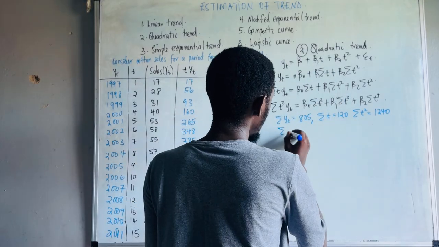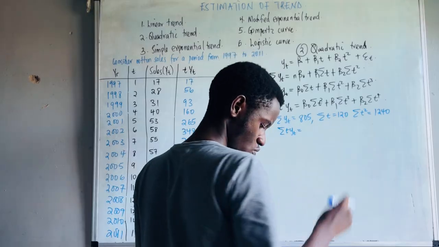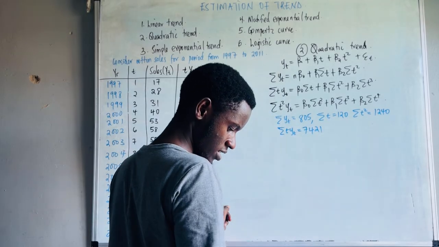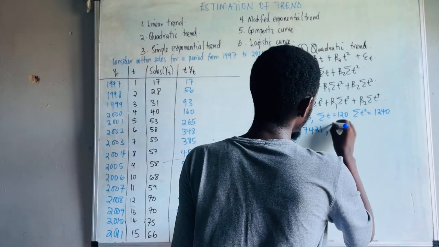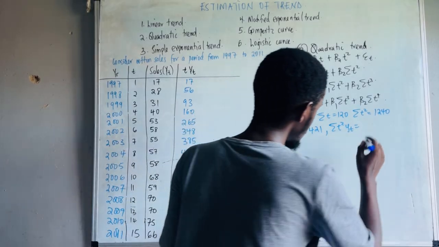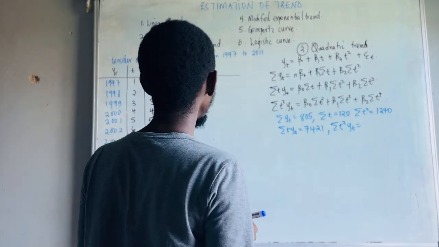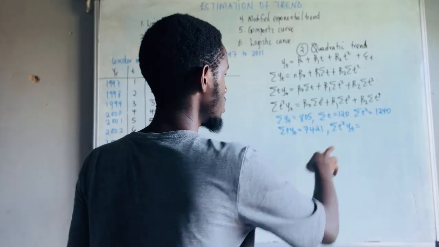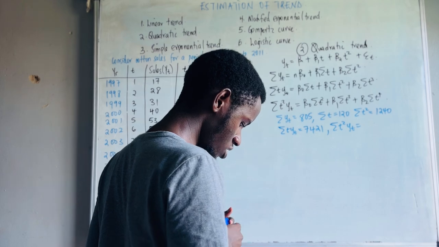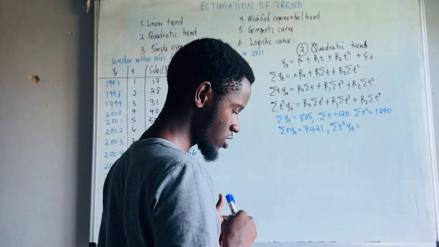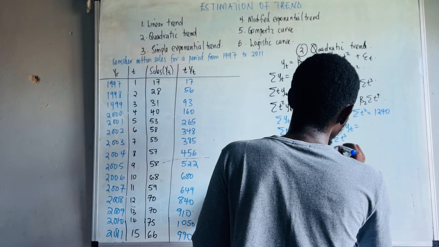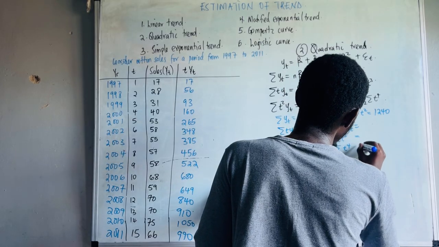And then summation of tyt we got as 7421. Yes, and then summation of t squared yt, I think you need to find t squared. Yes, you also find this t squared, and with that we need to find also summation of t cubed and summation of power 4.